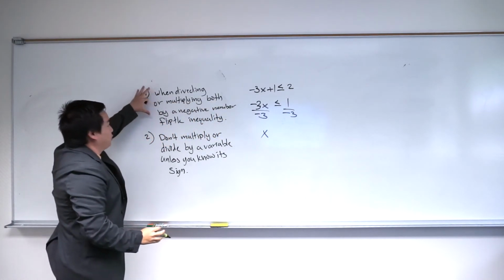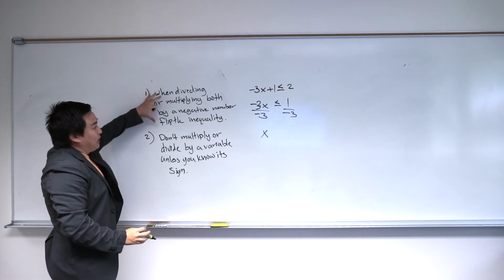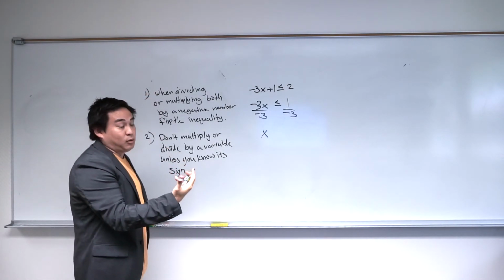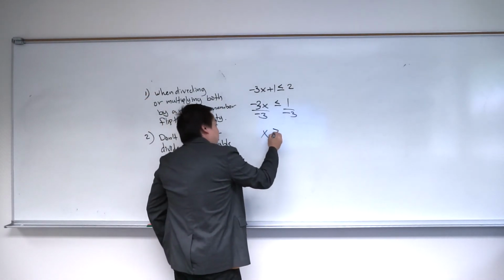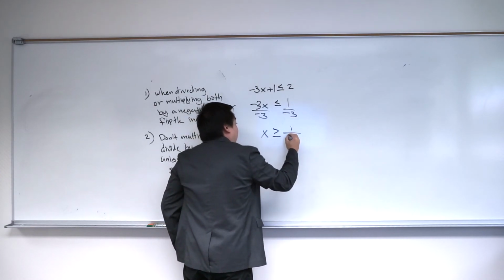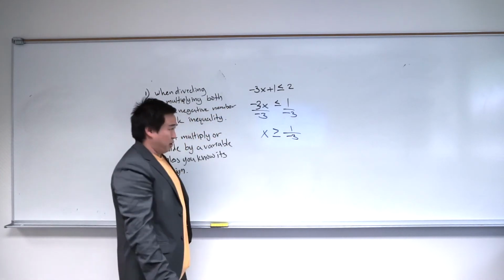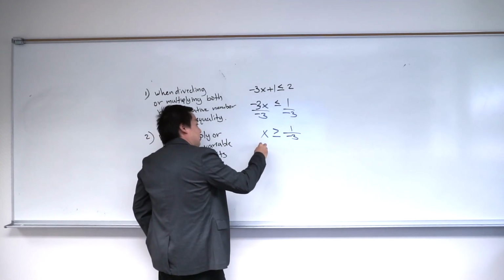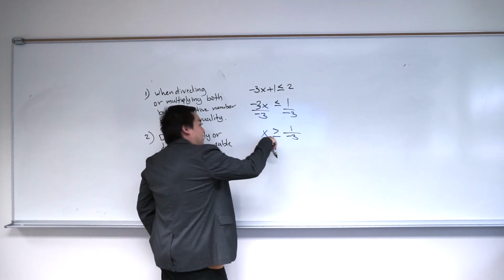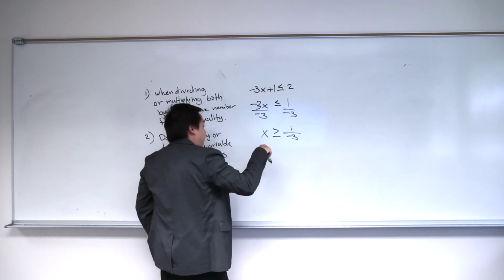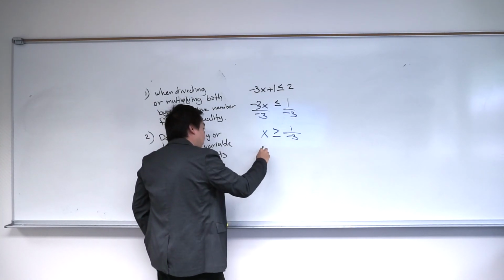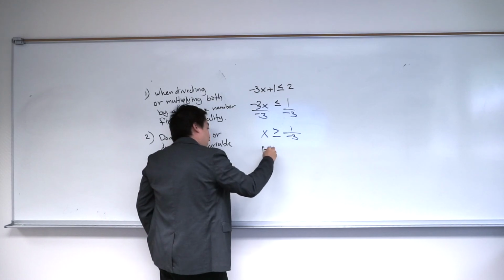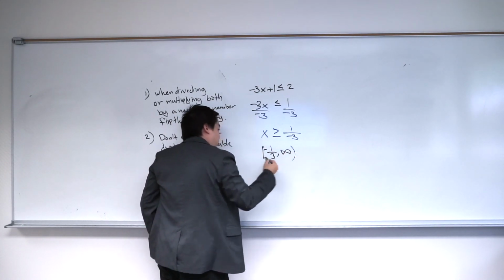And this follows rule number 1. So when I divide by the negative number, we flip the inequality, which gives us greater than or equal to 1 over minus 3, or negative 1/3. So this solution set is going to be the numbers of x which are above or equal to negative 1/3, which are those numbers.